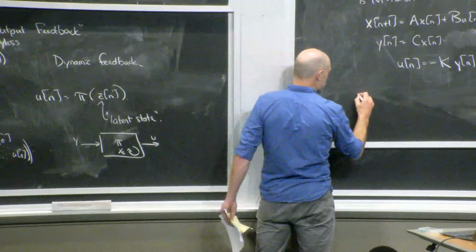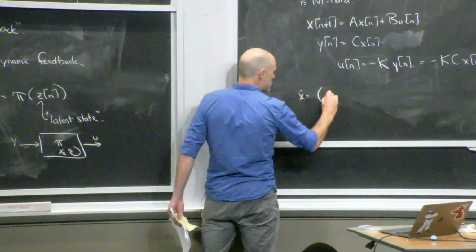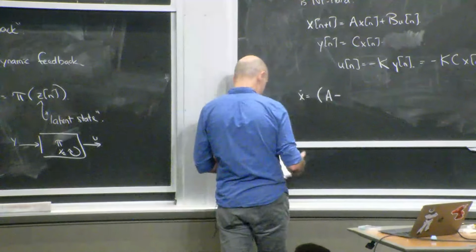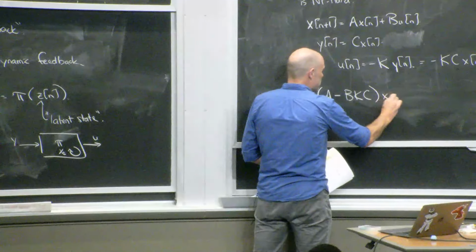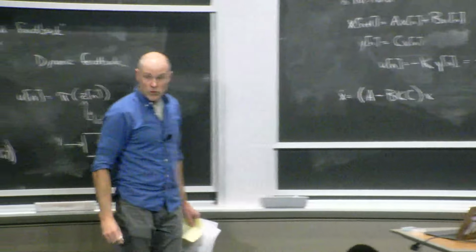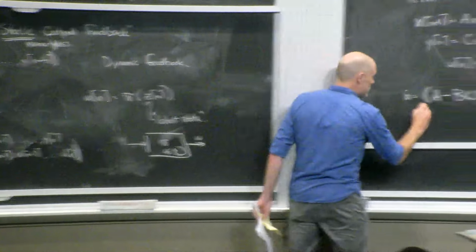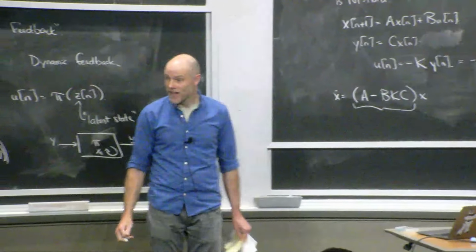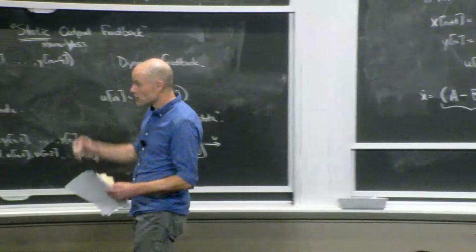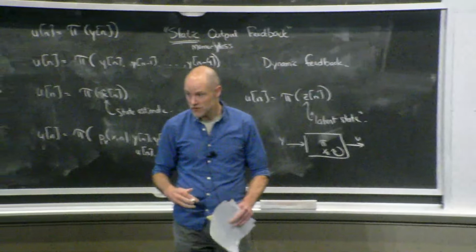The stability of the closed loop system is going to be A minus BKC. So what matters is the closed loop eigenvalues of this system. I'd like the eigenvalues to be less than 0 for a continuous time system to be stable.